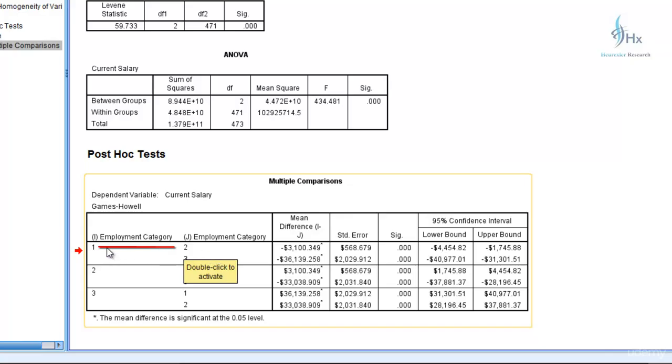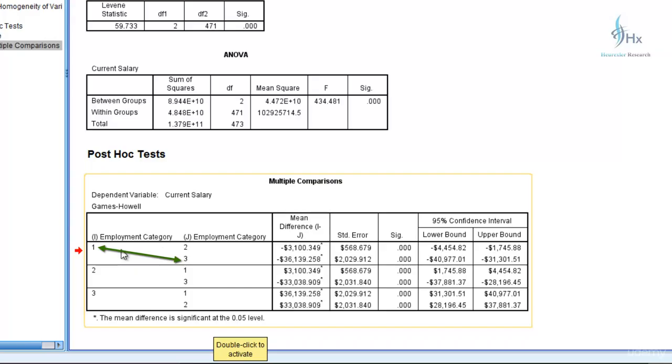So 1 is clerk, 2 is custodial employee, and the difference is negative. It means on average custodial employees are drawing $3,100.349 more salary as compared to clerical employees, while managerial employees are drawing on average $36,139.258 more salary as compared to clerical employees.